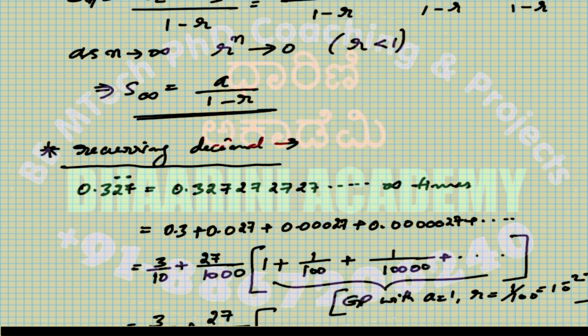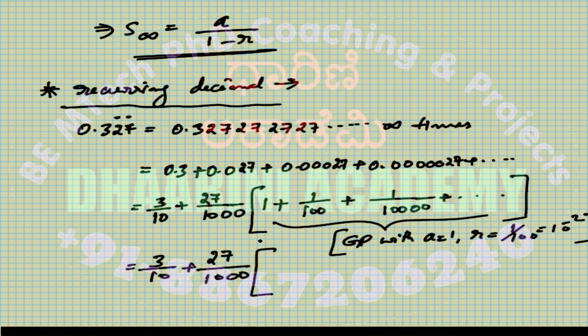Okay, so let's do that. This is a by 1 minus r, where a is equal to 1, divided by 1 minus r, which is how much? 1 by 100.